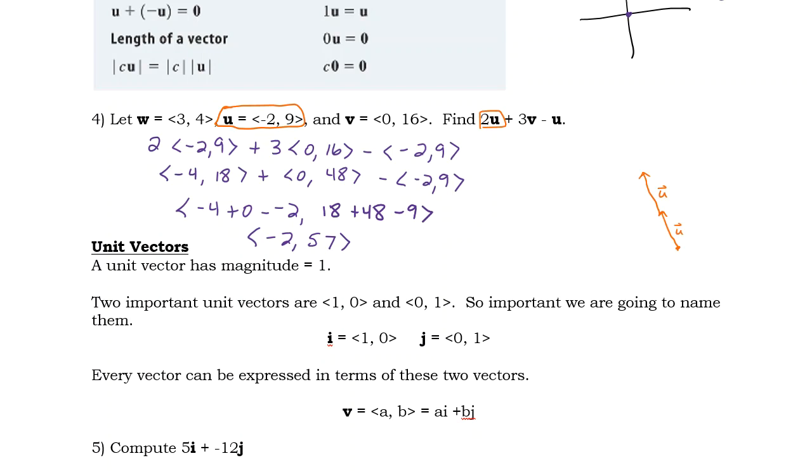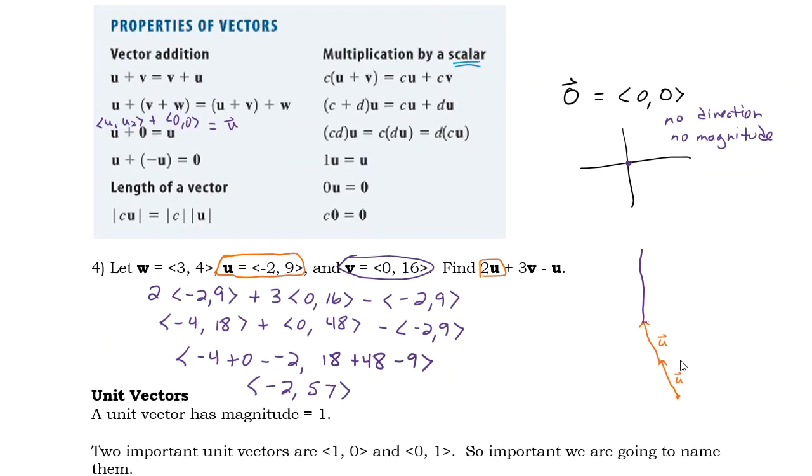All right, and then what am I doing next? Plus 3 v's. So let's say I do v in purple. So I'm going to go 0, 16. So that's going to go over 0, up 16. Oh boy, I'm going to have to go up 16. Okay, let me get rid of this.